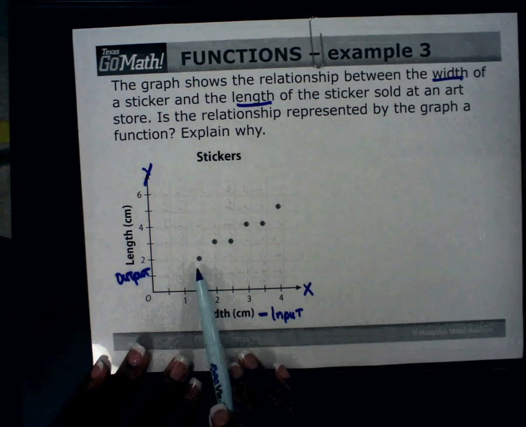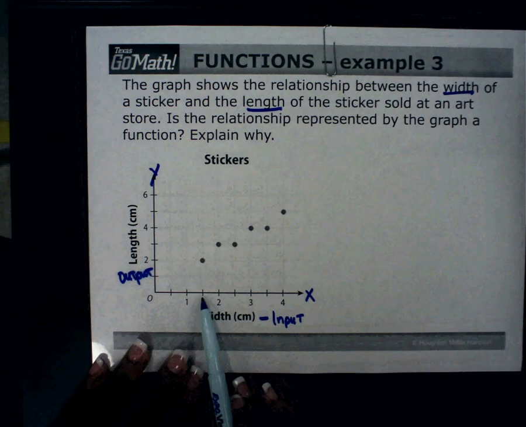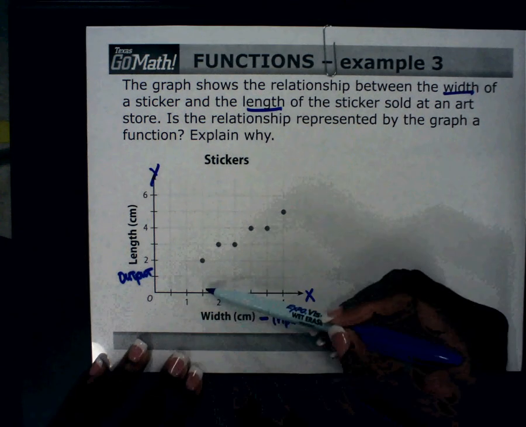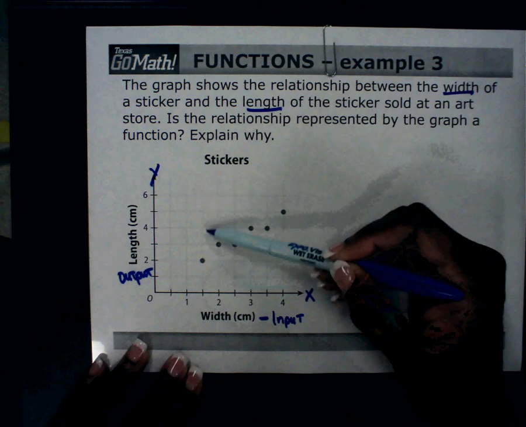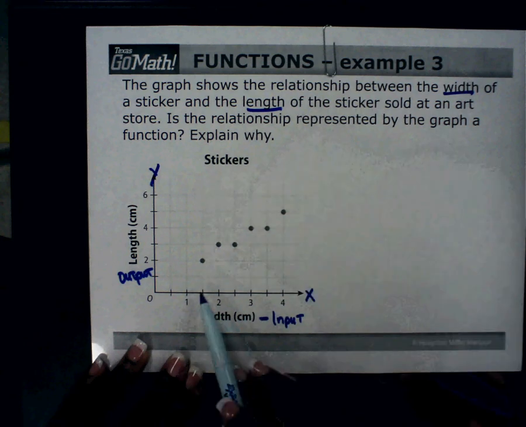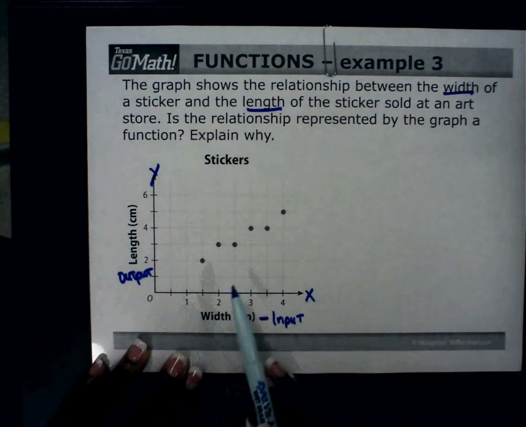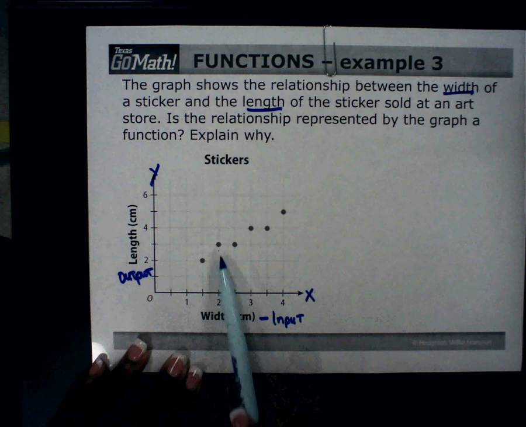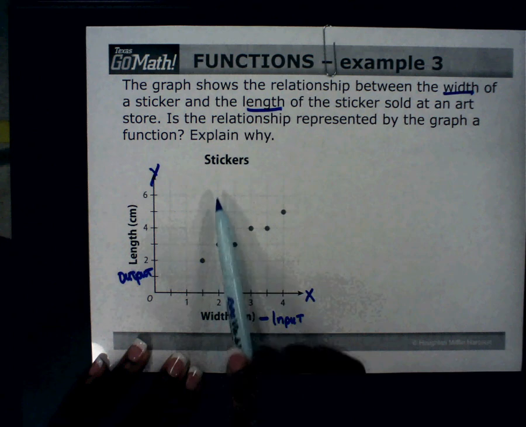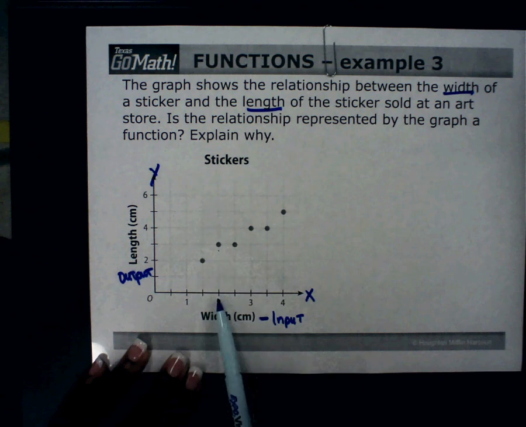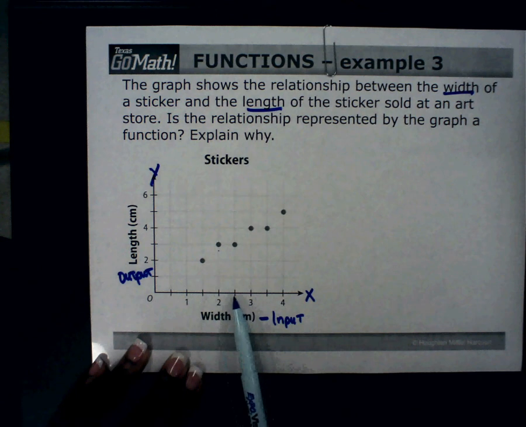So if we look at the first point, at 1.5, and we look up the y-axis, there's only 1 point. So that's a one-to-one relationship. Then we do the same thing for the second point. There's only 1 point at the input of 2. Then we go to the input of 2.5. There's only 1 output for that value.